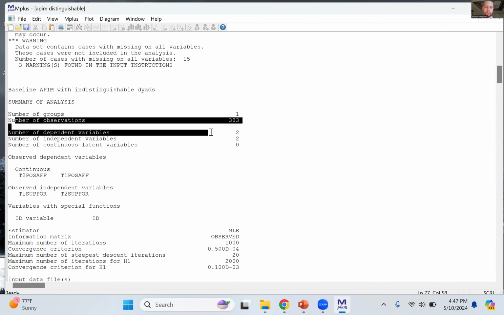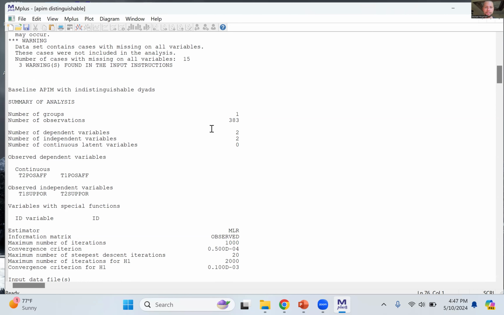So we have 383 total twins. So we have a couple unmatched dyads, but I think the full sample is 398. So 383 plus 15 gives us our full sample.